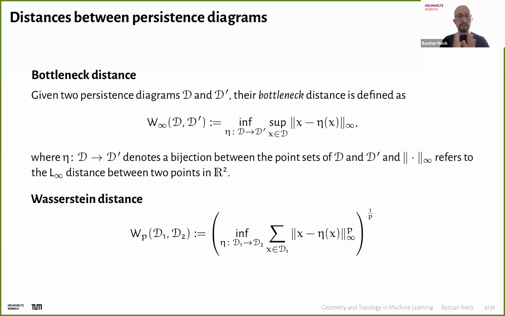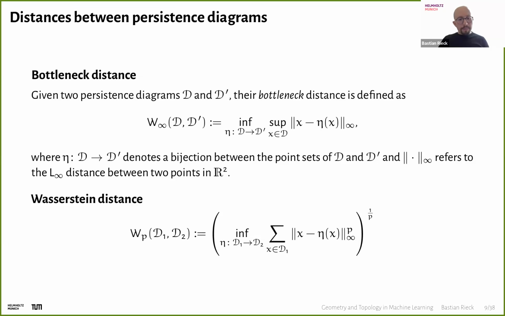The computational details are not super important, but they're both based on optimal transport or optimal matchings. So we take the points in one diagram, we try to match them in an optimized manner to the points in the other diagram. And then we either do this in an infimum way or we do it in a kind of averaging way. And this leads respectively to the bottleneck distance or the Wasserstein distance.